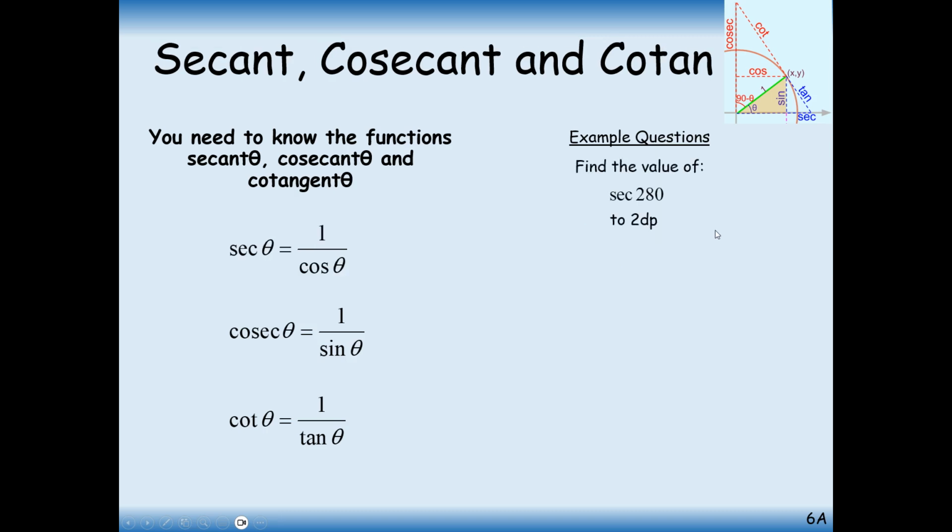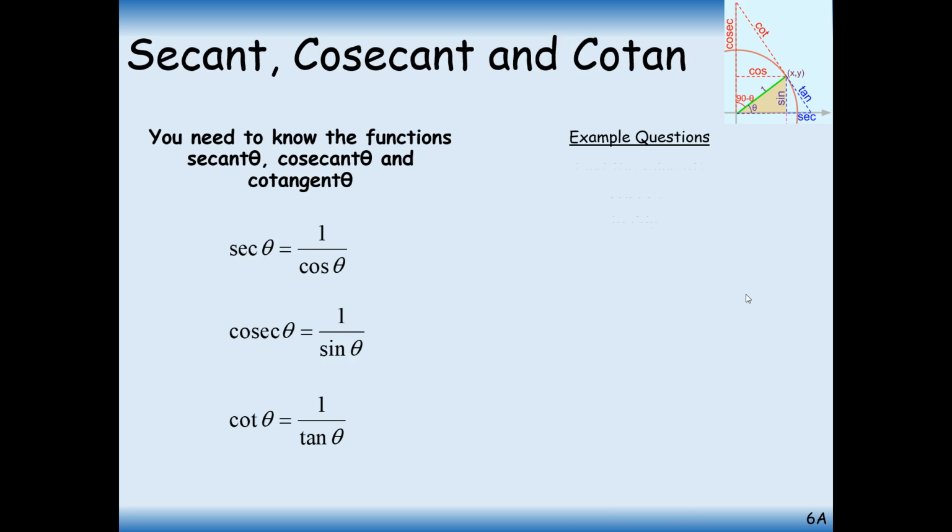Next question is asking us to find the value of secant of 280 degrees. Must point out this is in degrees again. And that means 1 over cos of 280 degrees. Now, there are a few ways that you can calculate this for yourself, but you can simply put it on the calculator, and 1 over cos of 280 degrees will give you 5.76.